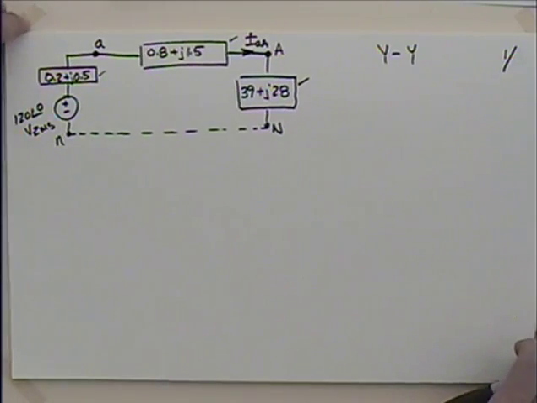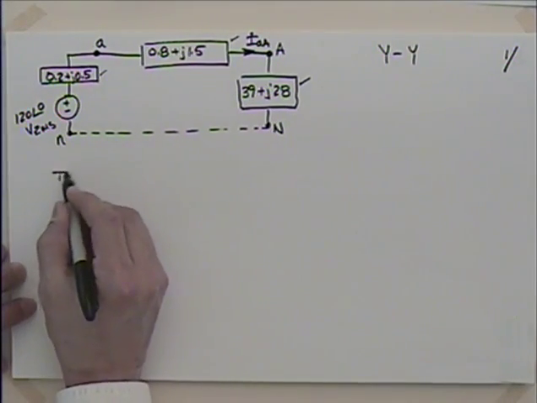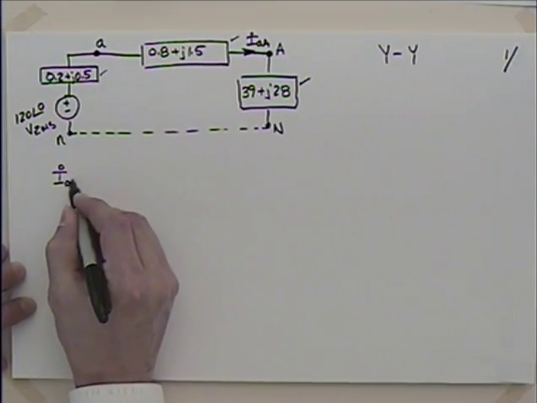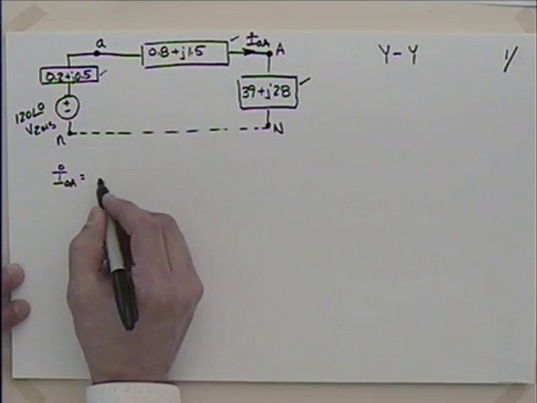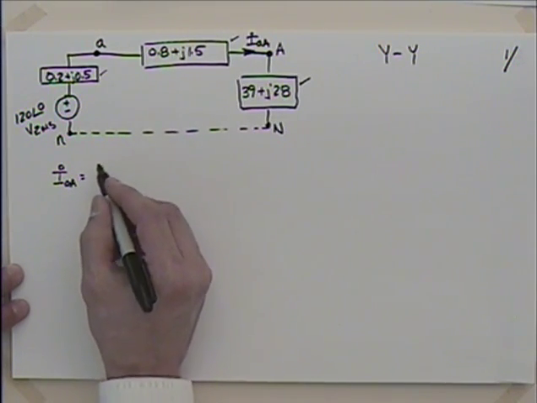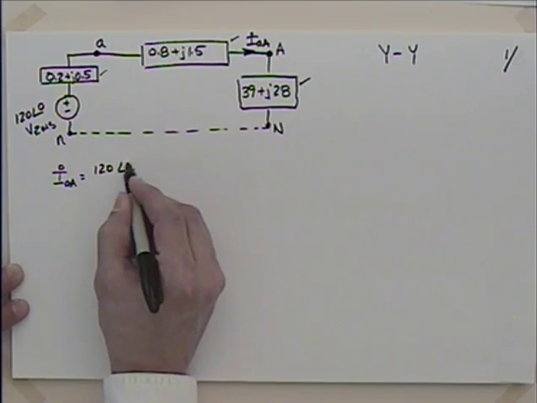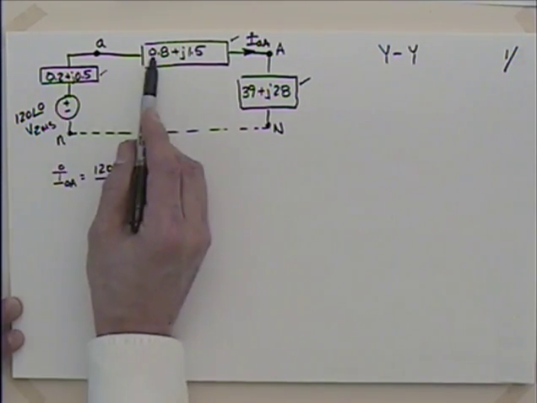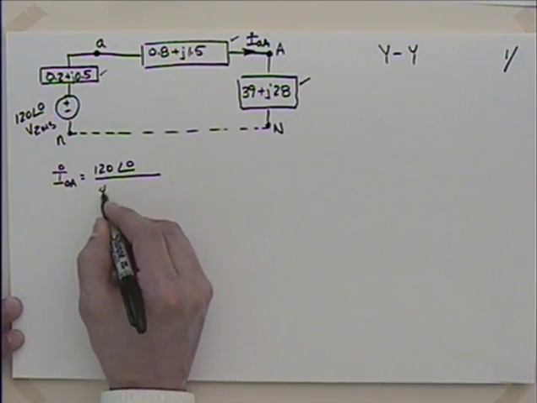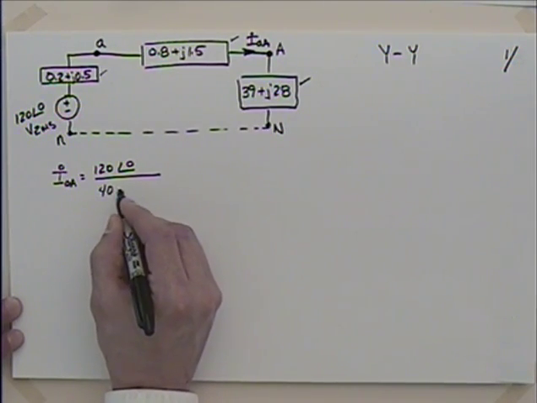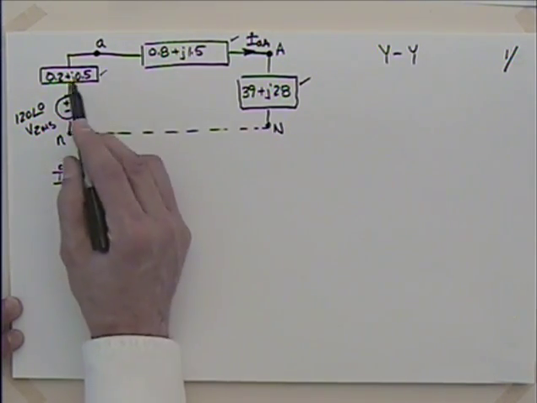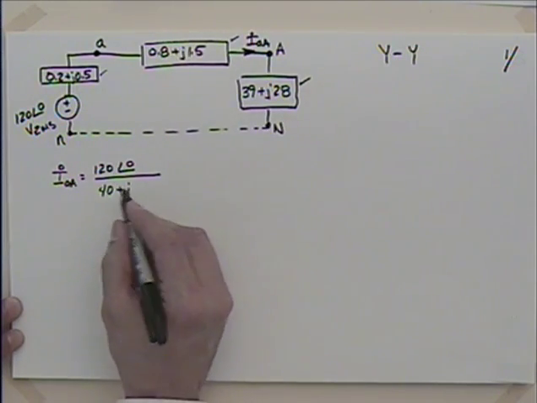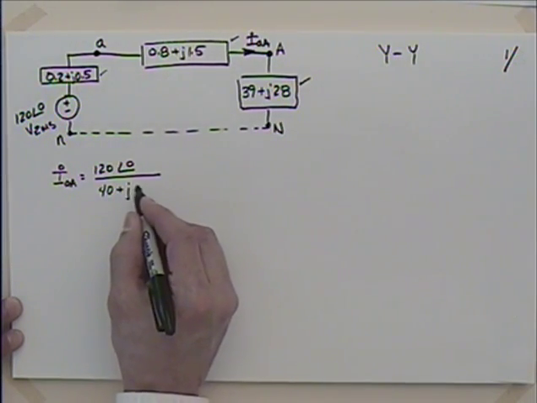So let's do that current. We can say that the current is the voltage divided by the total impedance. So we're going to have 120 at 0 divided by, if I take 0.2 plus 0.8 plus 39, I have 40, plus J 0.5 and 1.5 and 28 is going to be plus J30.